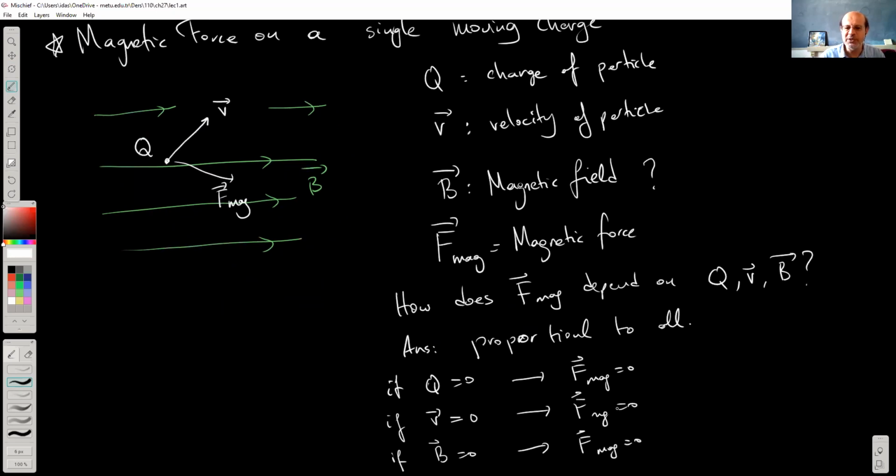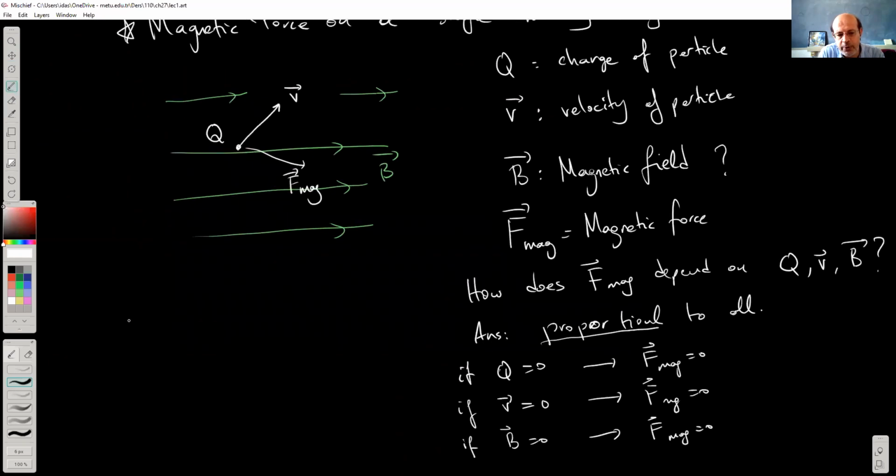So the force depends on all of these three quantities, and this is the simplest expression we can write, but it has to be proportional to all of them. So the magnetic force is basically the product of the charge, velocity, and the magnetic field.